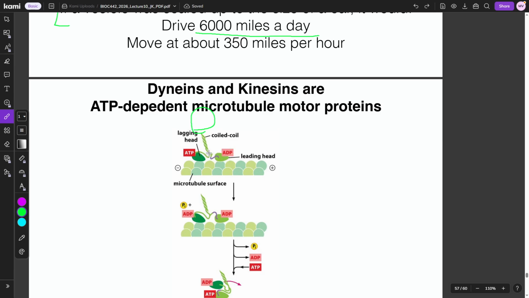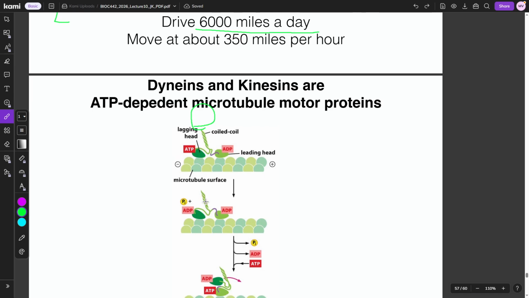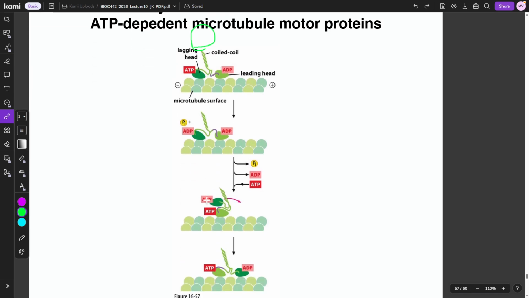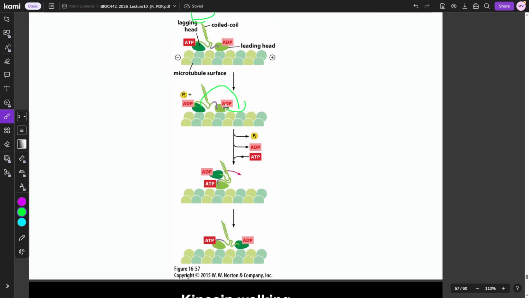What happens is you're going to have ATP bound to one leg and ADP bound to the other. The ATP is hydrolyzed to ADP and Pi. That hydrolysis causes this leg to shift out in front. While that is happening, an ATP binds the leg that is in the back, and then that process repeats.